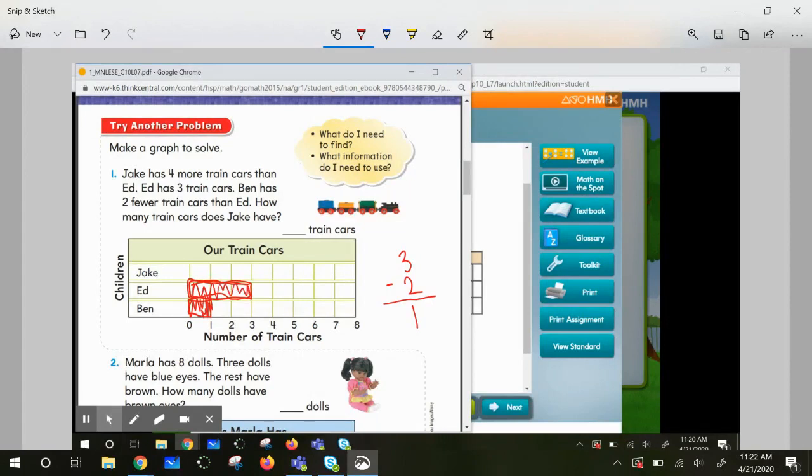Now let's go back to Jake. It says Jake has 4 more train cars than Ed. Well, Ed has 3. Jake has 4 more. This is more, so it's adding. It's not more than, it's just more. So 3 plus 4 is 7. And we come all the way over to 7, make our mark, and bring it all the way back. And now we have our bar graph.